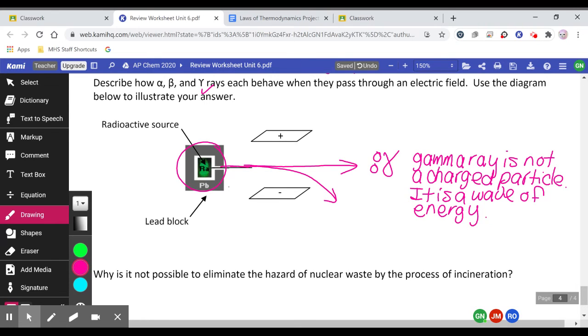Okay, so let's go ahead and label that alpha, or we can label it with a helium nucleus. Okay, and so on my explanation there, I put alpha particles are positively charged.